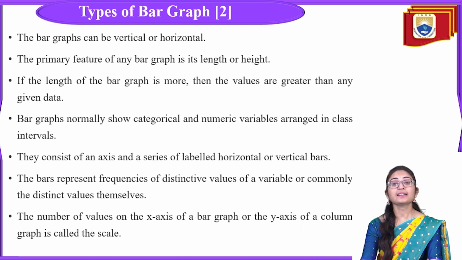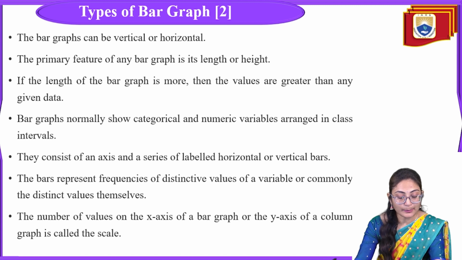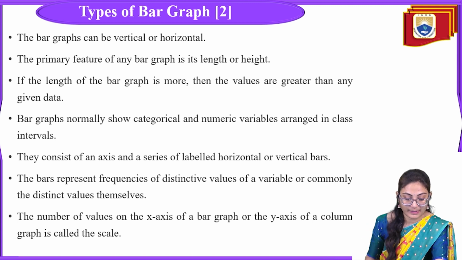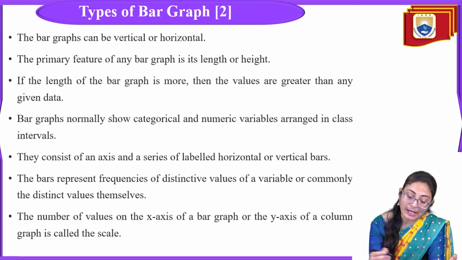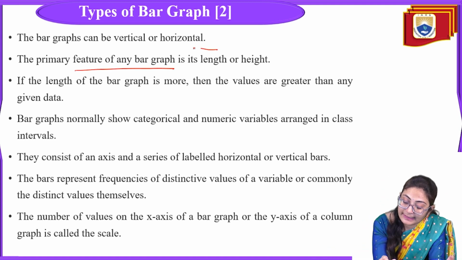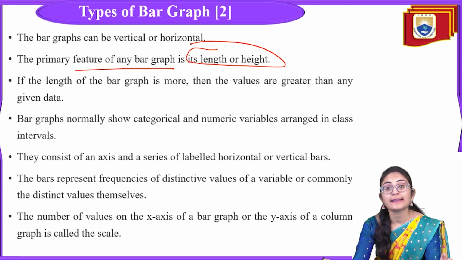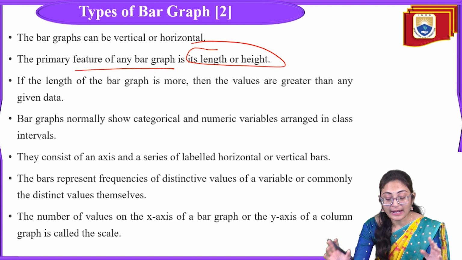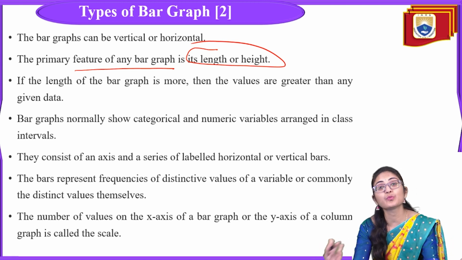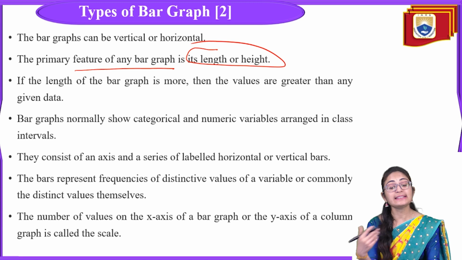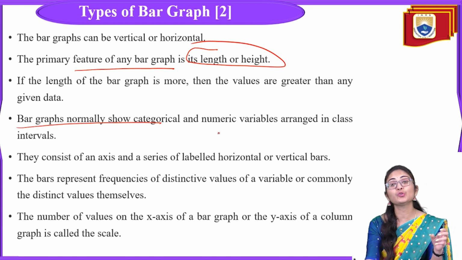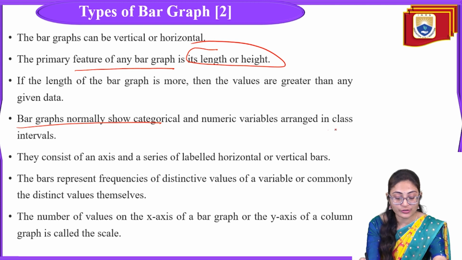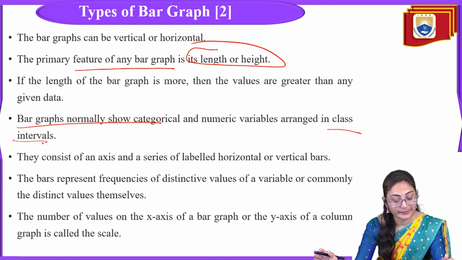Then there are different types of graphs. The bar graphs can be vertical or horizontal. The primary feature of any bar graph is its length or height. It matters very much, the length and the height of the bar graph. If the length of the bar is more, then the value is greater than other given data. Bar graphs normally show categorical and numeric variables which are arranged in class intervals.